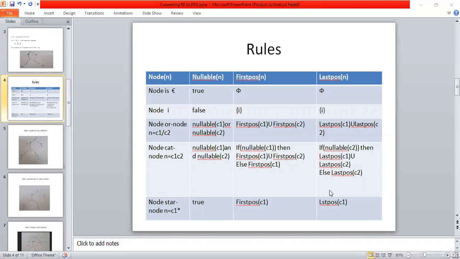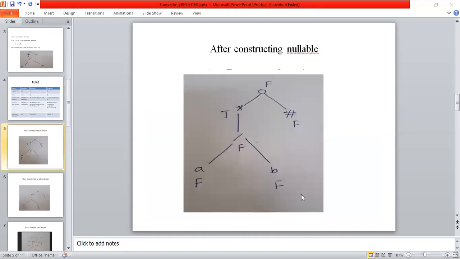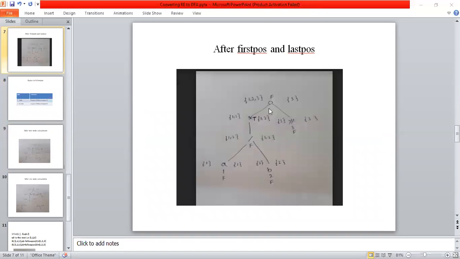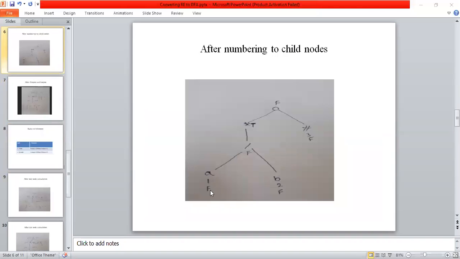Remember these rules. Using these rules only, I'm constructing the first position and last position of the given nodes in the syntax tree. Here observe carefully. This A node, in the previous tree I gave number 1, this is number 2, this is number 3.